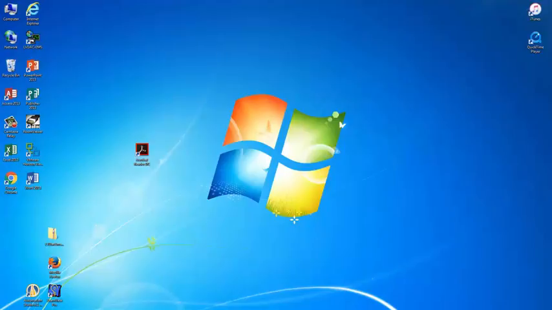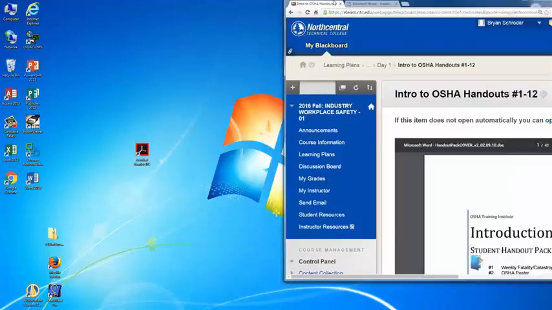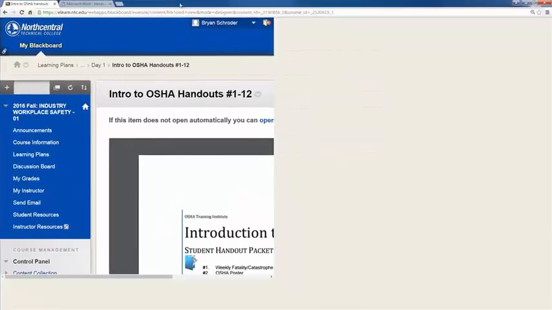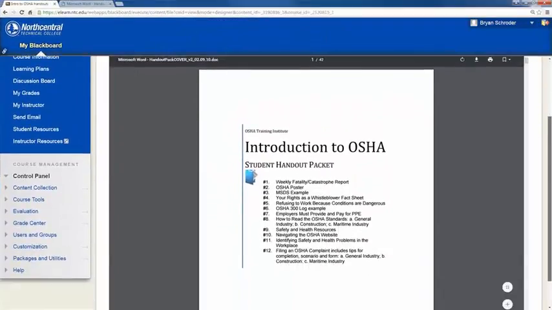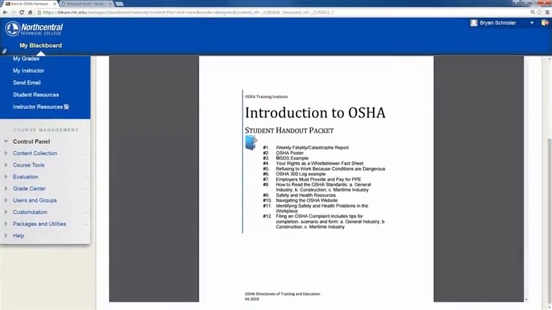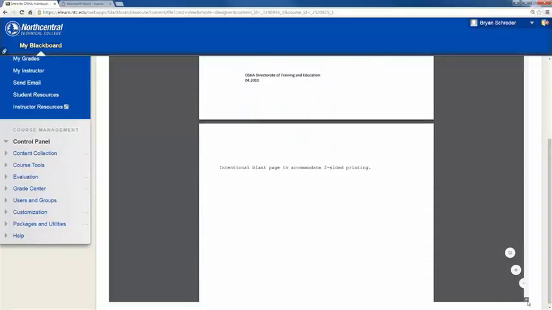It's handouts 1 through 12 in day 1 of Blackboard. Again, I'm going to pull my Blackboard version over just to bring it up. Again, number 3, it says MSDS example. So we'll scroll down and just look at that.